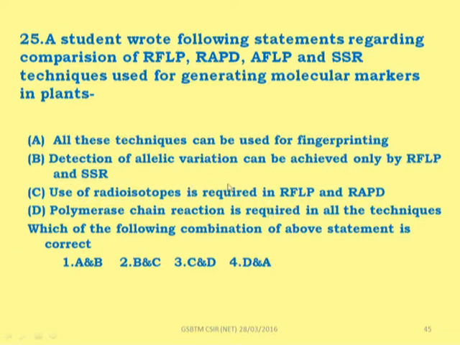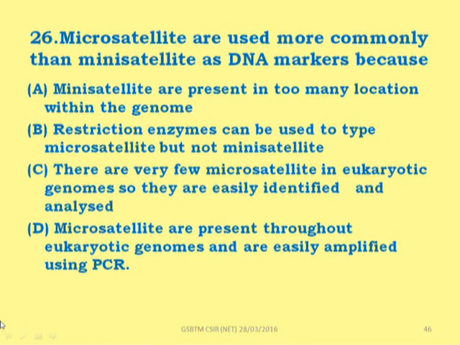Use of radioisotope is required in RFLP and RAPD. No, RAPD doesn't require probes. Polymerase chain reaction is required in all the techniques. So which of the following combinations of the above statements is correct? Correct is A and D. Polymerase chain reaction is PCR, RFLP is possible. RAPD, PCR, AFLP, PCR, SSR, PCR. Next one.